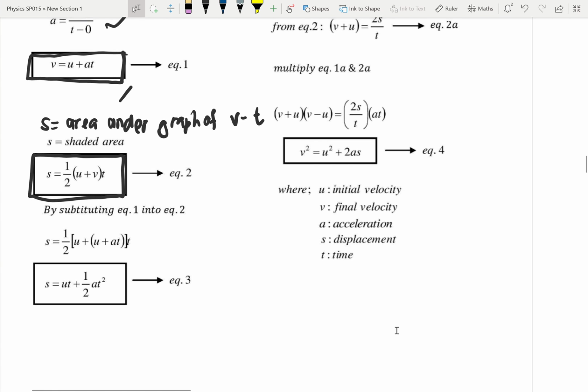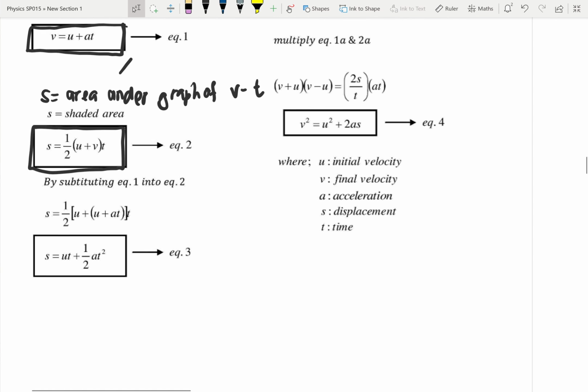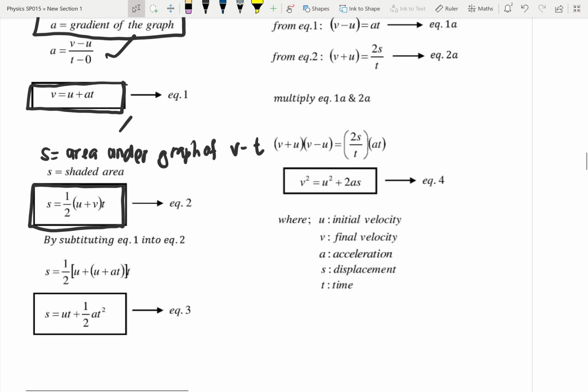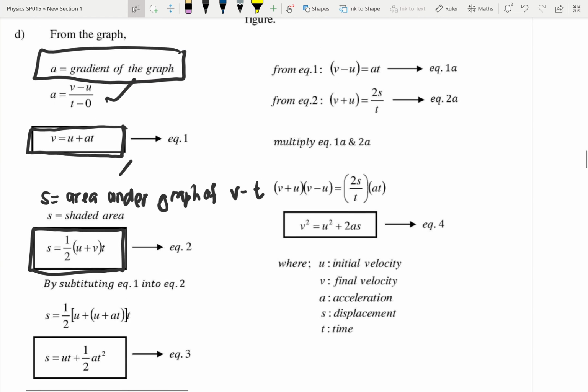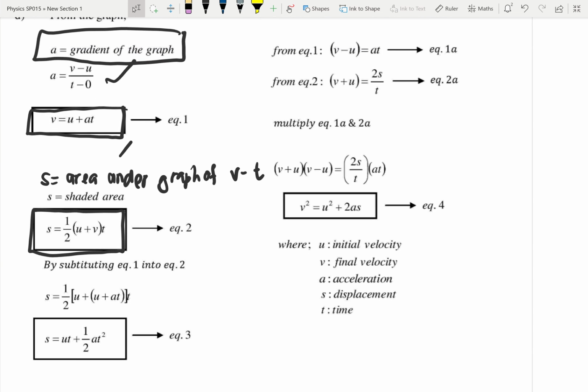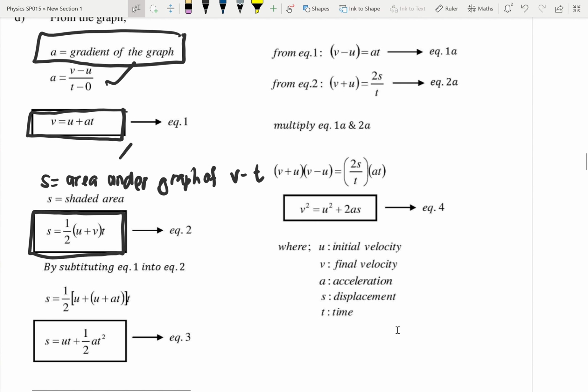The third equation comes from equations 1 and 2, where we substitute equation 1 into equation 2.